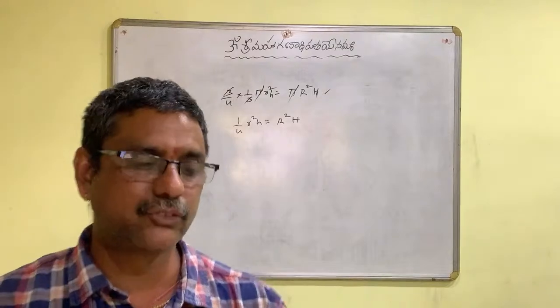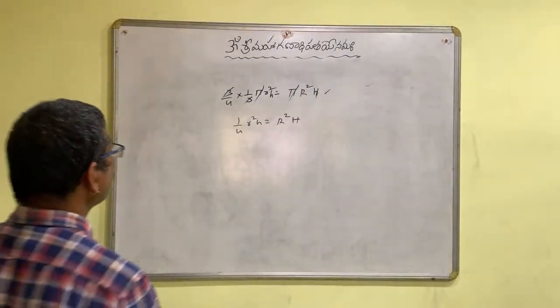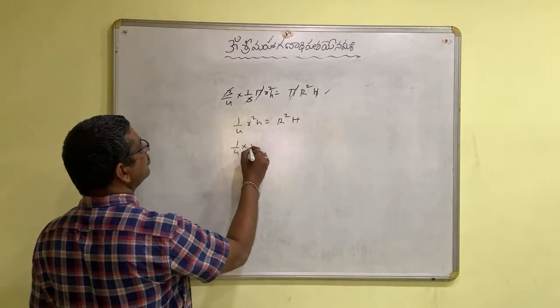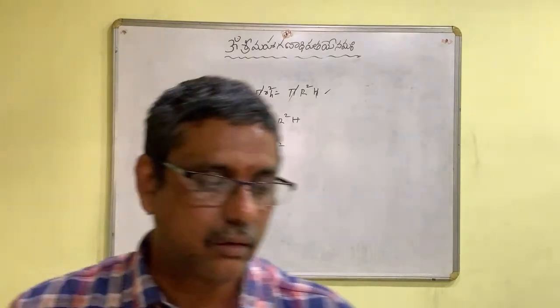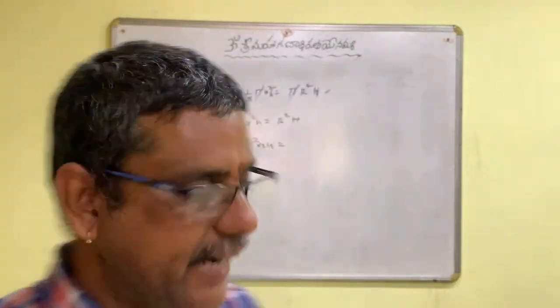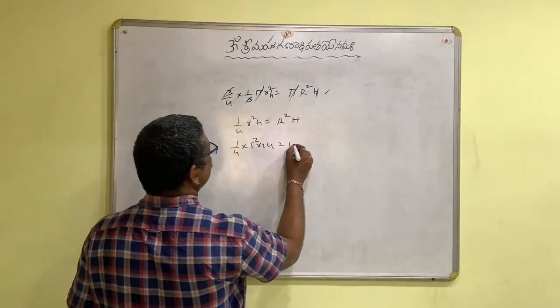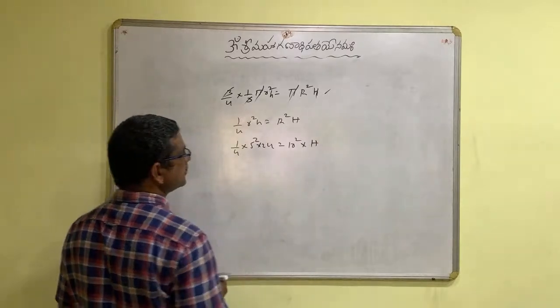Now insert the values. Cone radius 5, height 24: 1/4 into 5 square into 24 is equal to, for the cylinder of internal radius 10, with height to be found, 10 square into h.